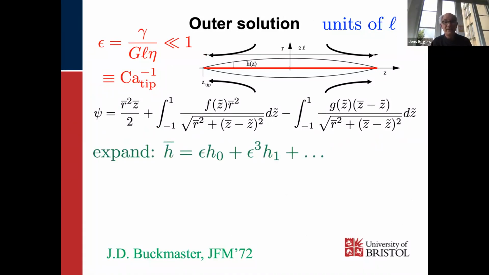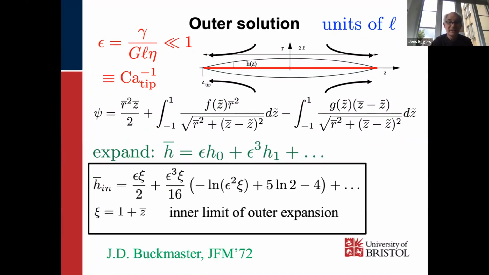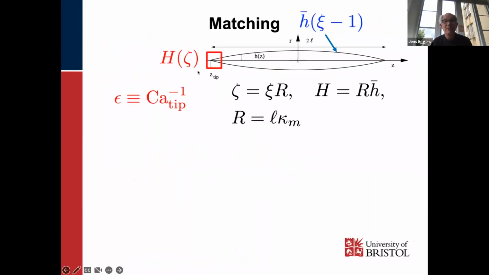And I can't go into detail here. I expand the profile and the slenderness to get an expression for the interface. And I've already, for the purposes of matching, only included terms which are relevant near the tip here. So the name of the game here is that of asymptotic matching.